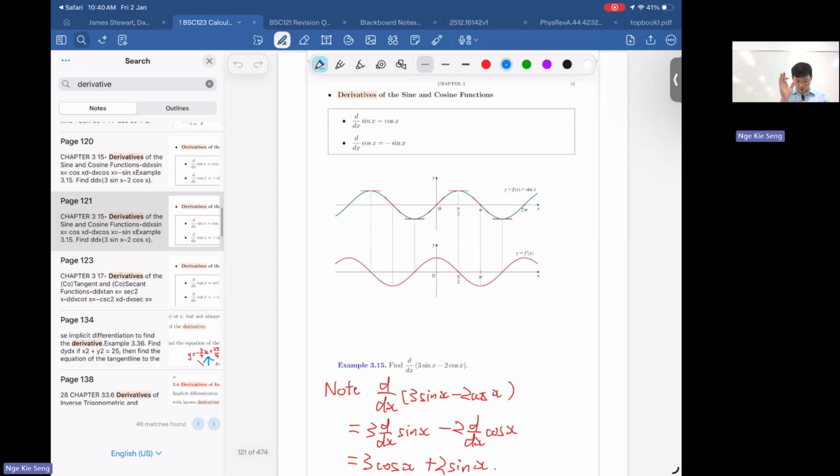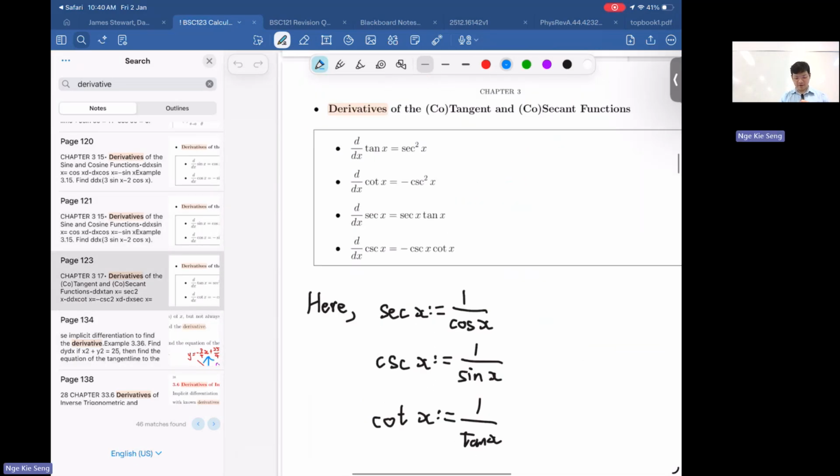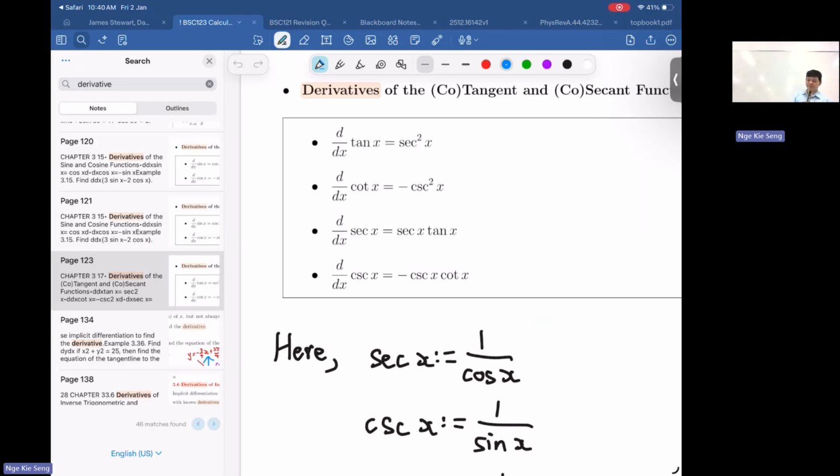I cannot say, don't look at derivative anymore. Knowledge doesn't work like that, right? So look at here. Does this derivative help? If you want to substitute tangent x, you need a secant square x. If you substitute secant x, you need a secant tangent.